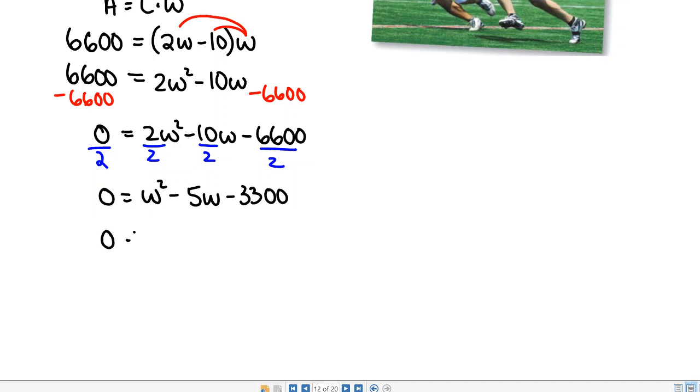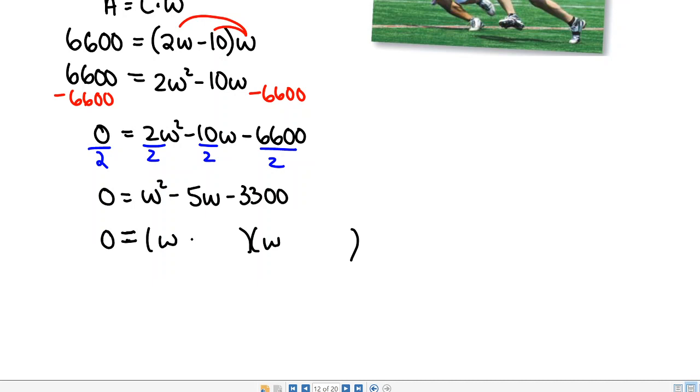Okay, so now we're going to factor it. We need to find two numbers that multiply to 3,300 that are 5 units apart. Okay, so that would be 55 and 60.